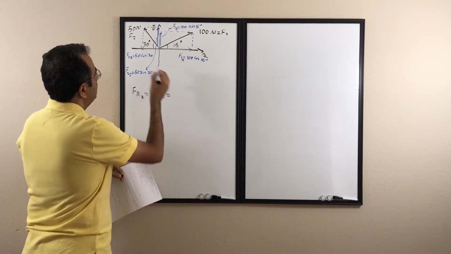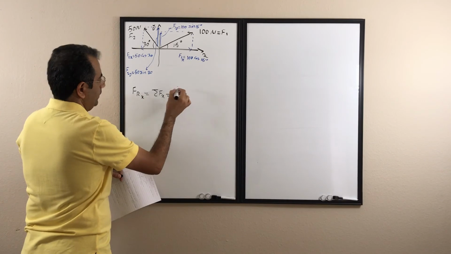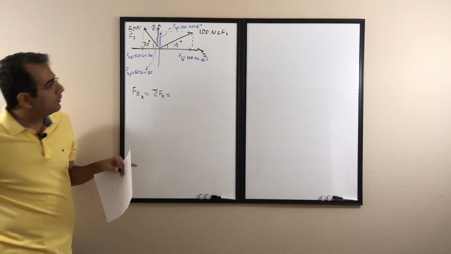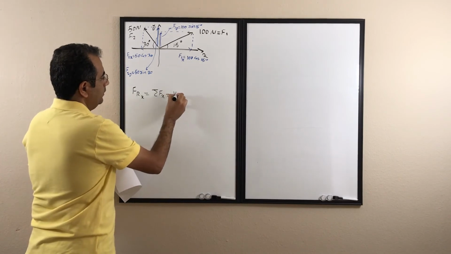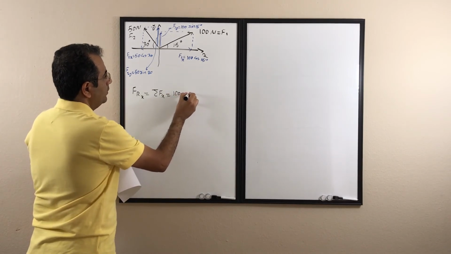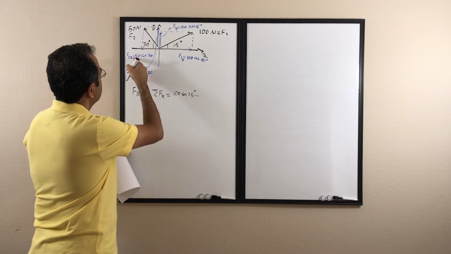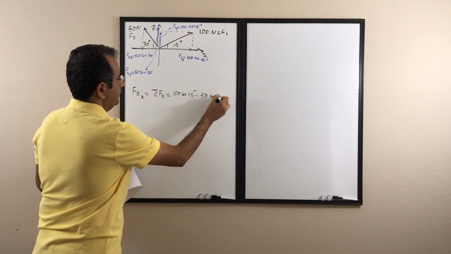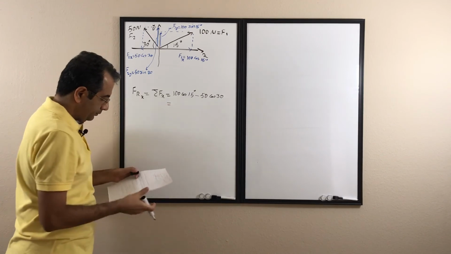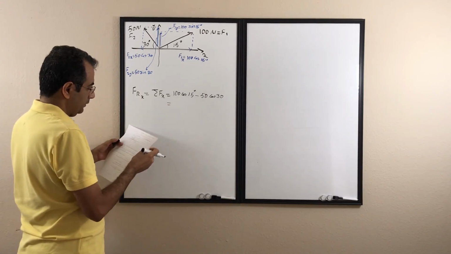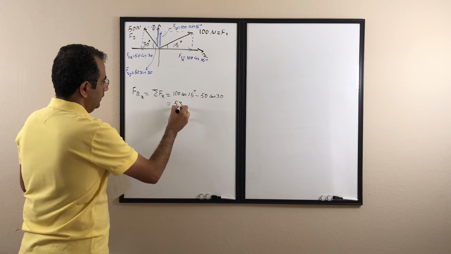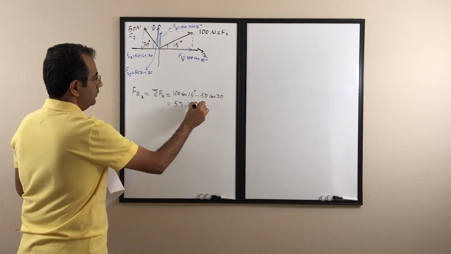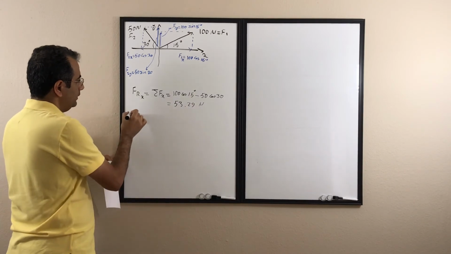So it's going to be 100 cosine 15 minus 50 cosine 30, which gives us 53.29 Newton.